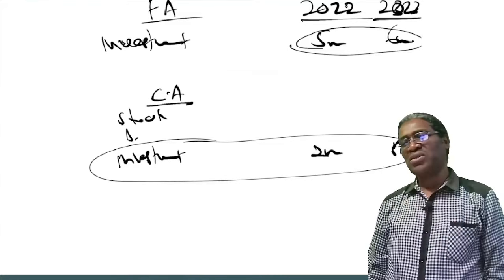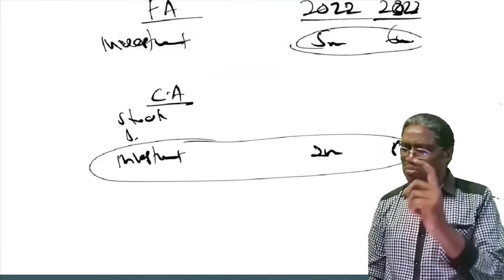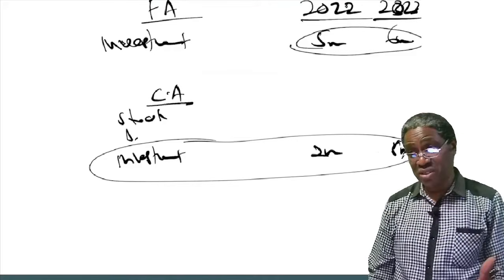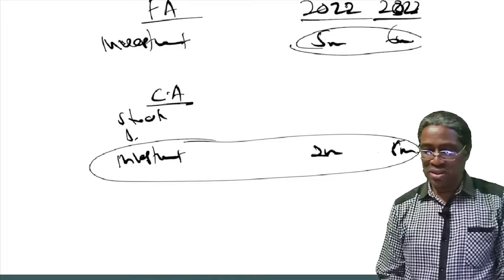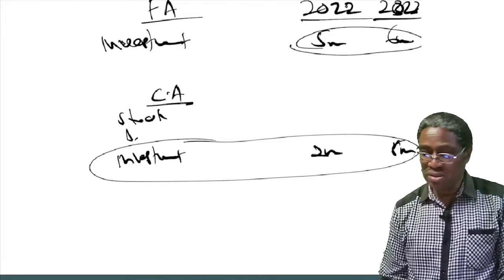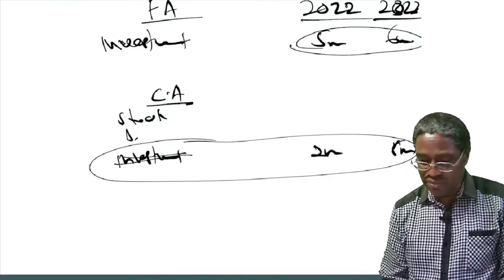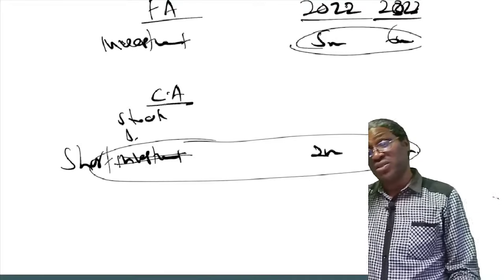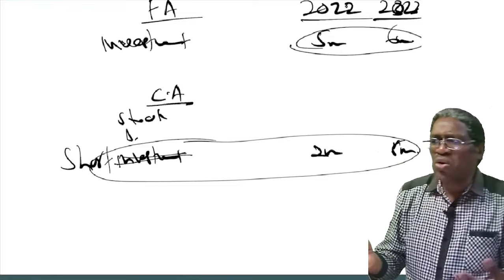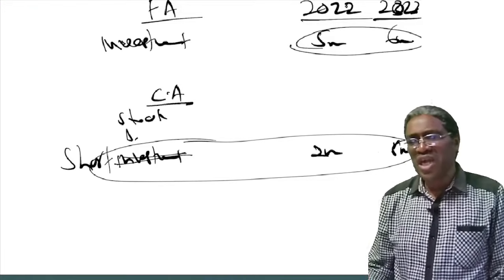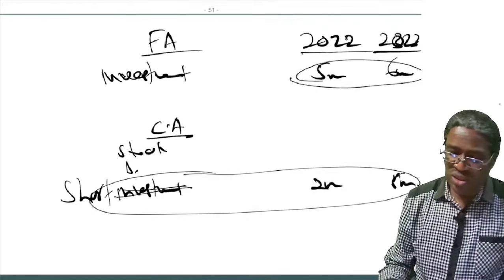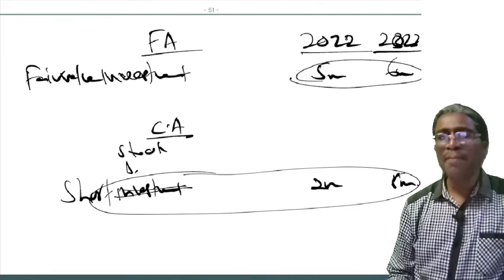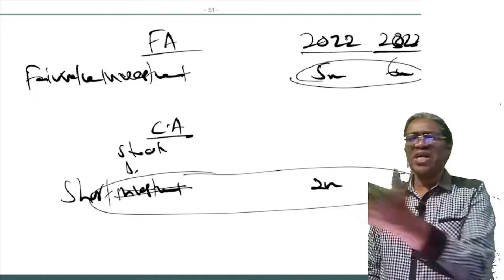Now listen. Some books will not call it investment. Some books will call it short-term. Ideally, it's a short-term investment. Some books will call it fair value investment. Even for the fixed asset one, you may be given what we call fair value investment, or investment at fair value.